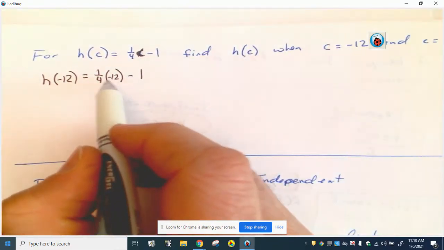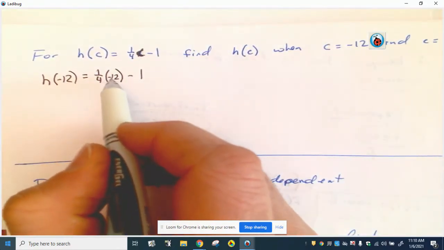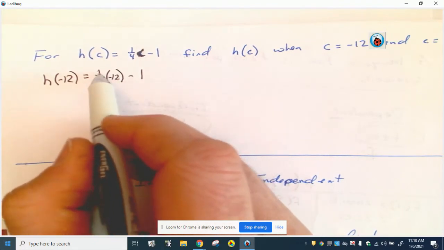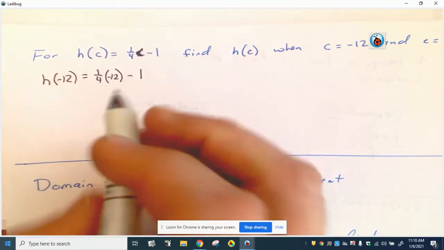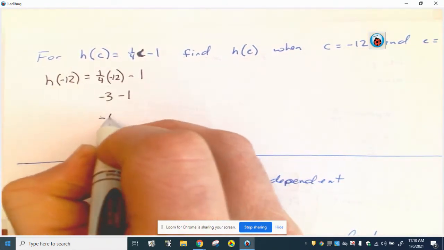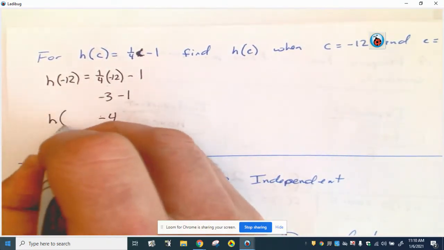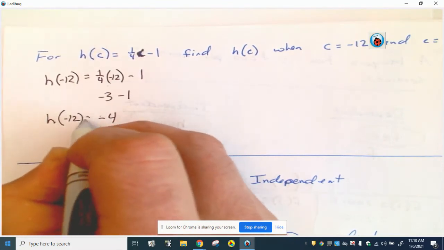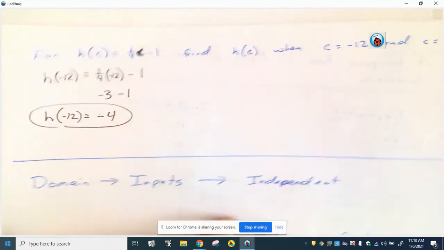Remember, multiplying by 1/4 is the same as dividing by 4. So we're going to get negative 3 minus 1, which would be negative 4. So that means h of negative 12 is equal to negative 4.